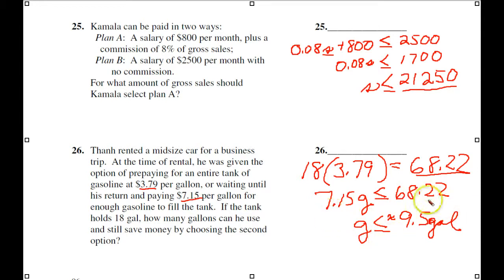Well, you just divide both sides here by 7.15, and it's a better deal if you're going to use less than 9.5 gallons approximately. If you're going to use more than 9.5 gallons, it's cheaper to actually pay for the full tank of gas. Okay, that'll wrap this up.